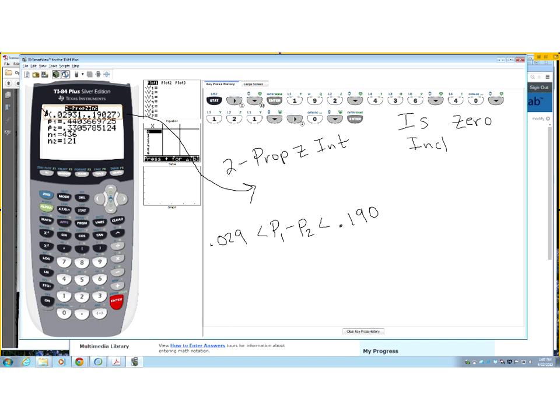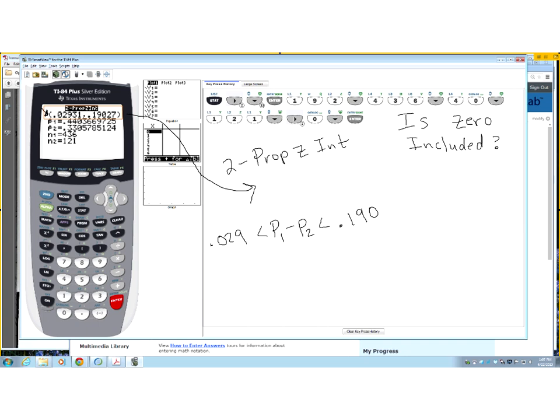That's where we start. Is 0 included in your confidence interval? What do you think? Your confidence interval goes from one positive number to another positive number. So is there a possibility that 0 can be included?